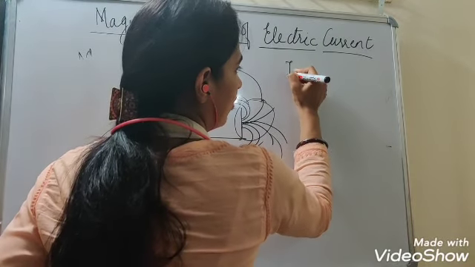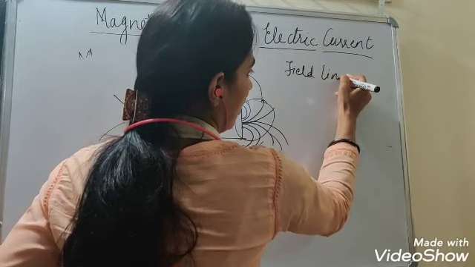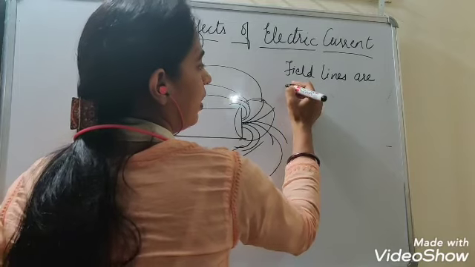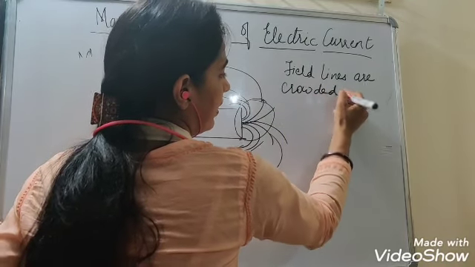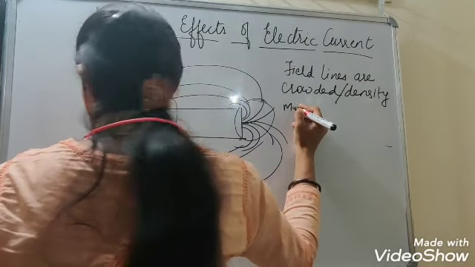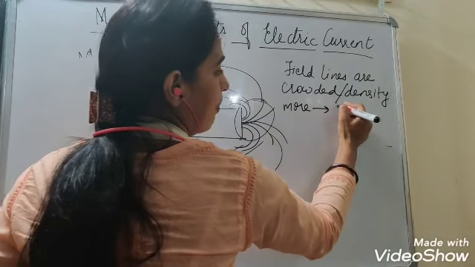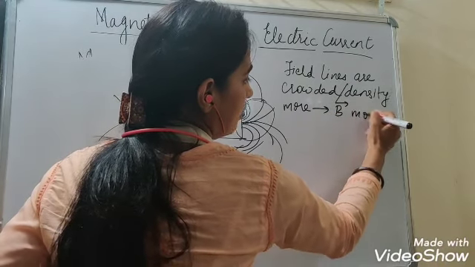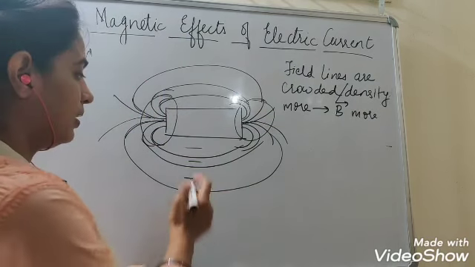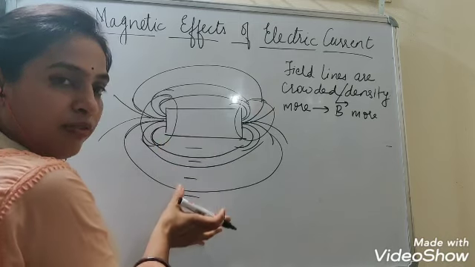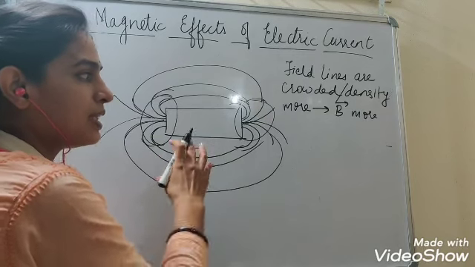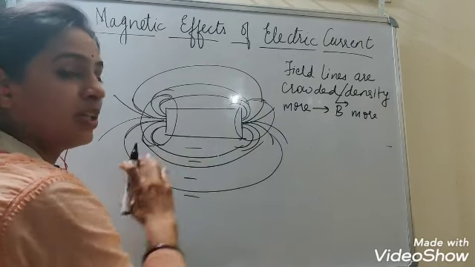So wherever the field lines are crowded, or the density of field lines is more, the magnetic field strength is more. And wherever the magnetic field lines are spaced apart, like here there are fewer lines, or the density of the field lines in a particular area is less, so here the magnetic field strength is less.